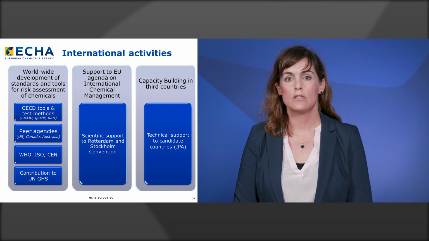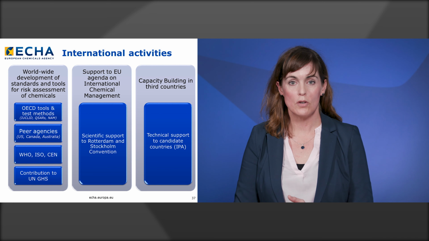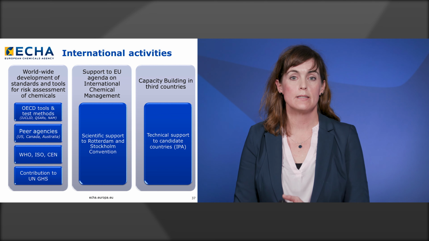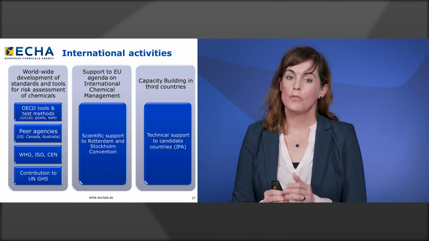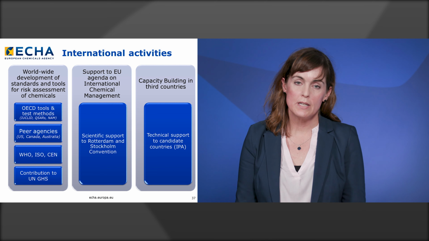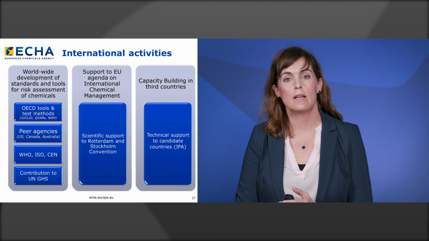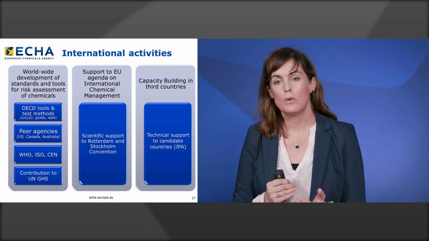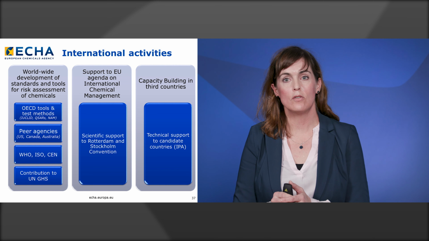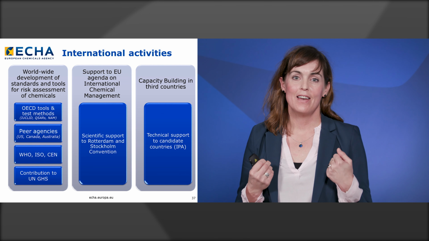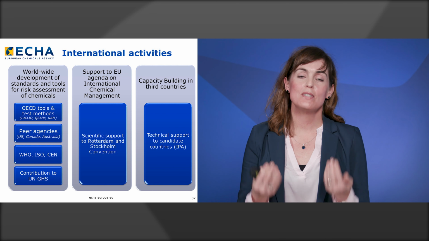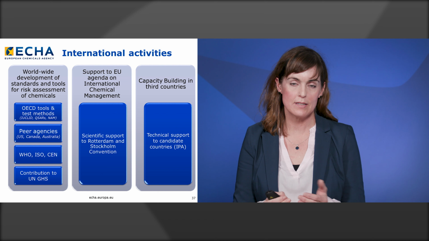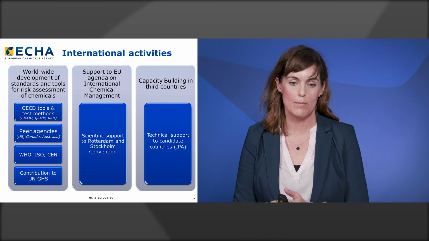A lot of our efforts go into making sure that those are also adaptive and relevant for REACH and CLP. We also have reporting systems that rely heavily on international work, such as Euclid. Another part that we do with OECD is looking into ways of using fewer animals for establishing hazards or testing for hazardous properties of chemicals.